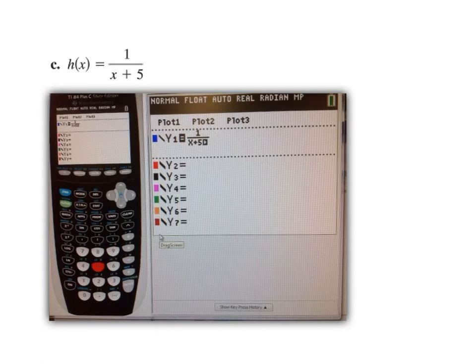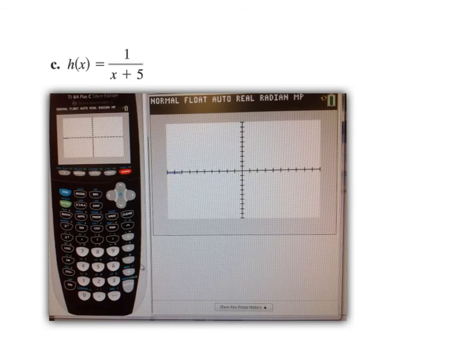Okay, if I look at this function in the calculator, 1 over x plus 5, look at the graph of it, I see that I at least have a horizontal asymptote and I have a vertical asymptote, so some funny things are going to start happening. For my domain, left and right, let's hit trace and test some points.